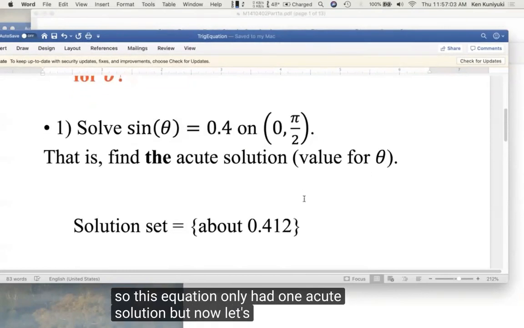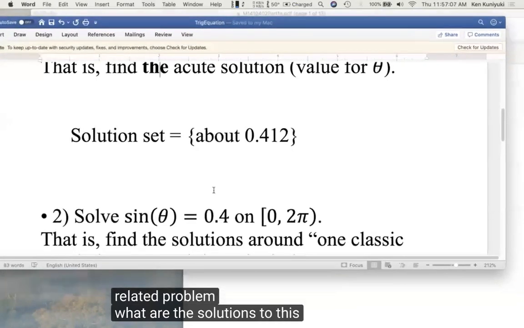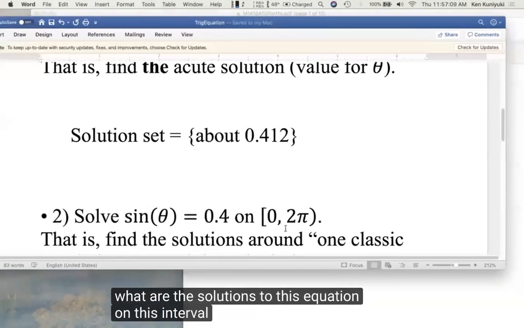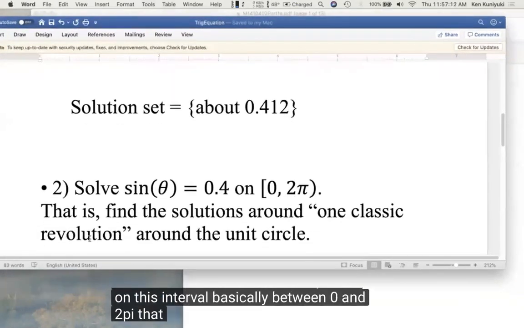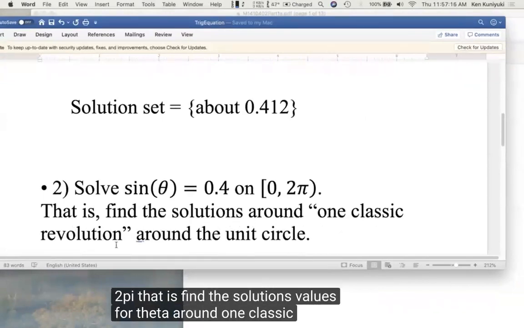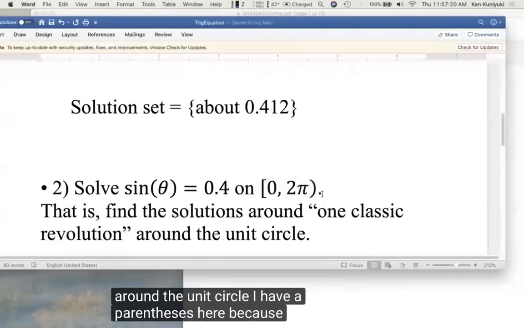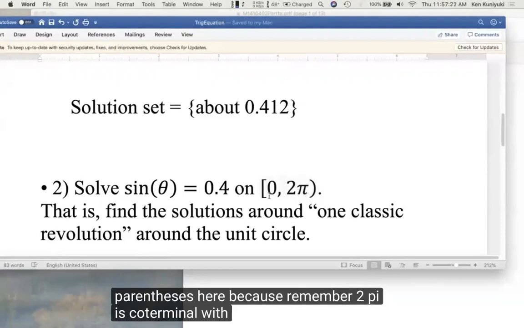But now let's ask a second related problem. What are the solutions to this equation on this interval, basically between 0 and 2 pi? That is, find the solutions, values for theta, around one classic revolution around the unit circle. I have a parenthesis here because, remember, 2 pi is coterminal with 0.